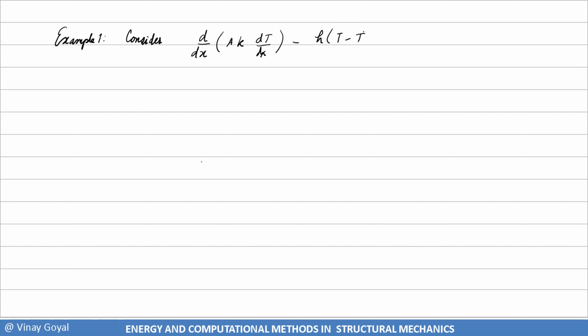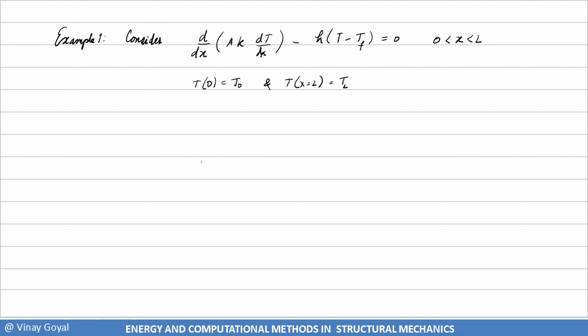T is the temperature, Tf is the temperature of the fluid, and this is equal to 0. I'll specify the temperature at both boundaries. We're assuming that x goes between 0 and L, that the temperature at x equals 0 is T0, and the temperature at x equals L is TL.